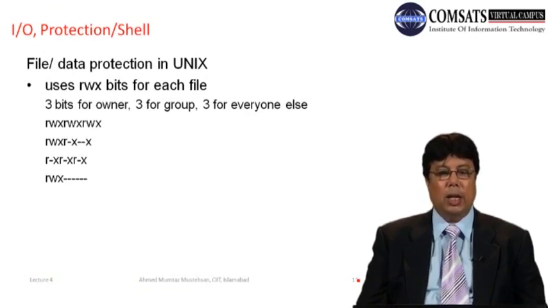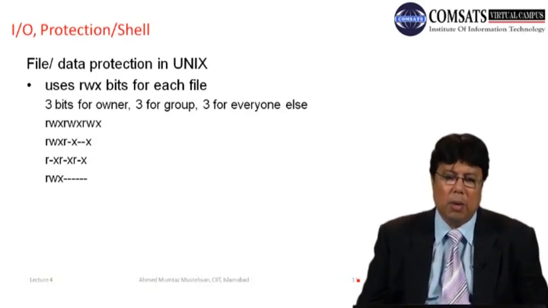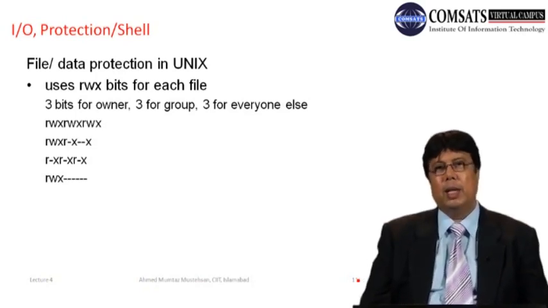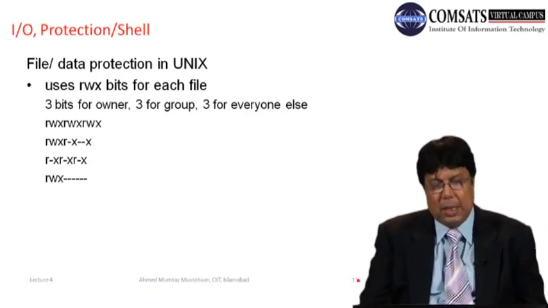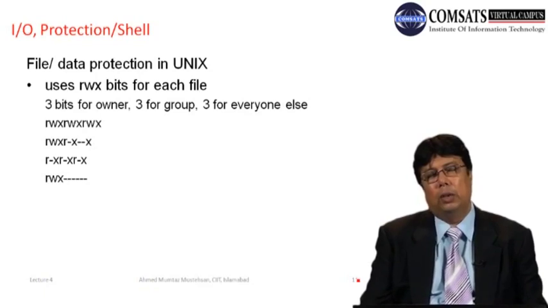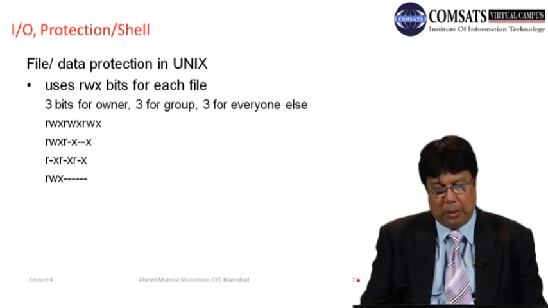Once again, I would like to take an example from the Unix operating system, because it gives you a very simple way of setting up protection systems. Basically, directories are allocated to different users, as we have seen in the previous example.